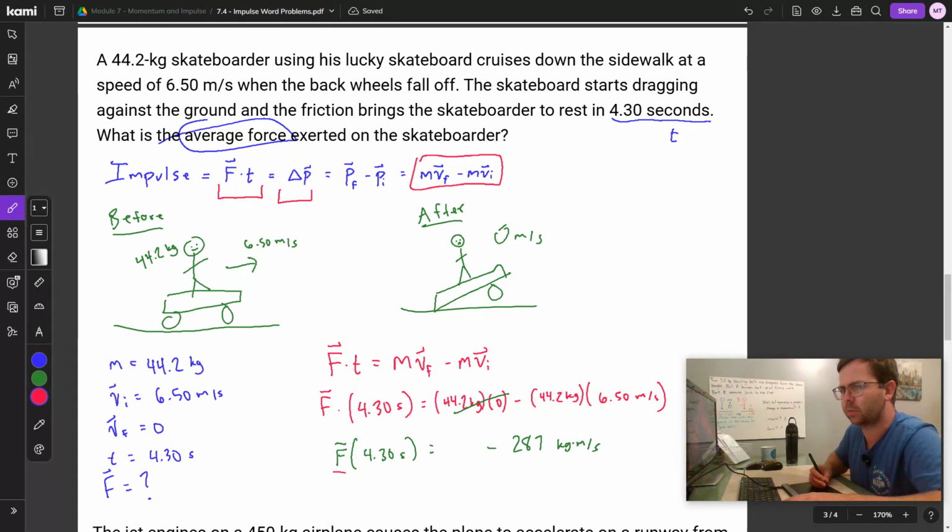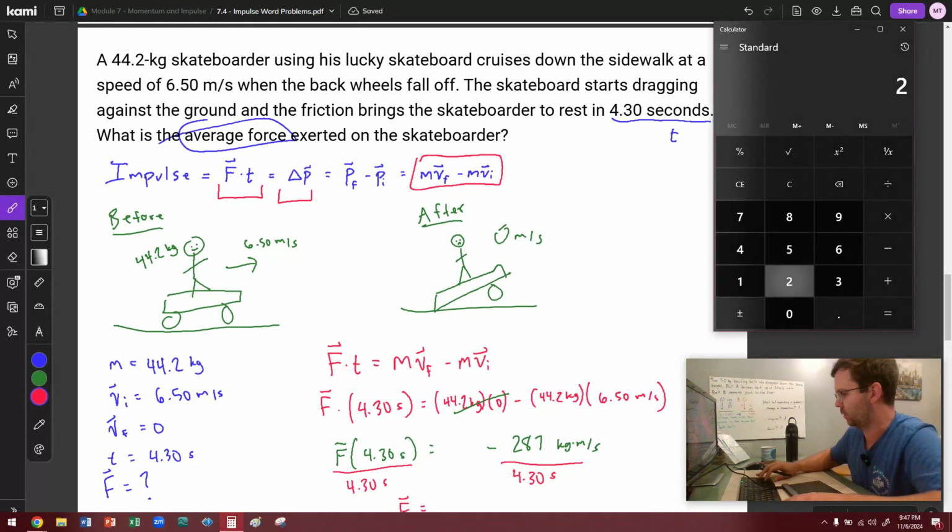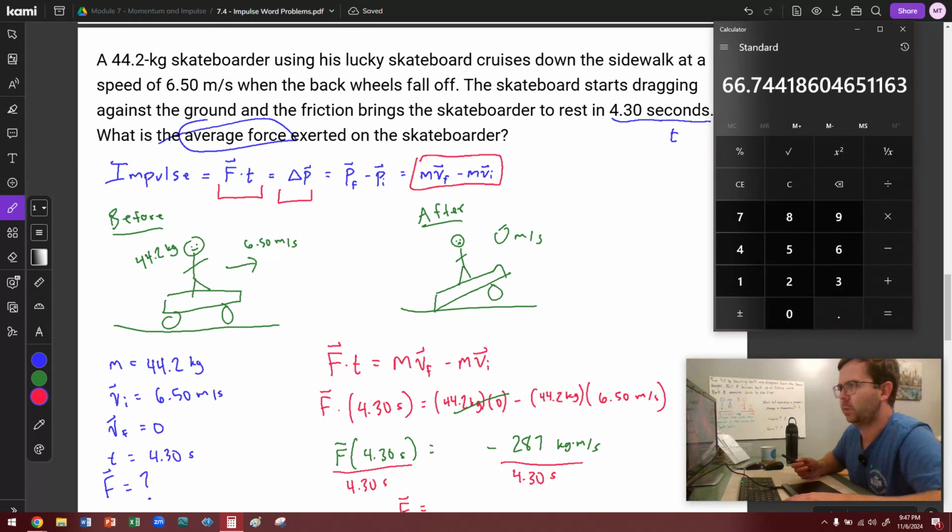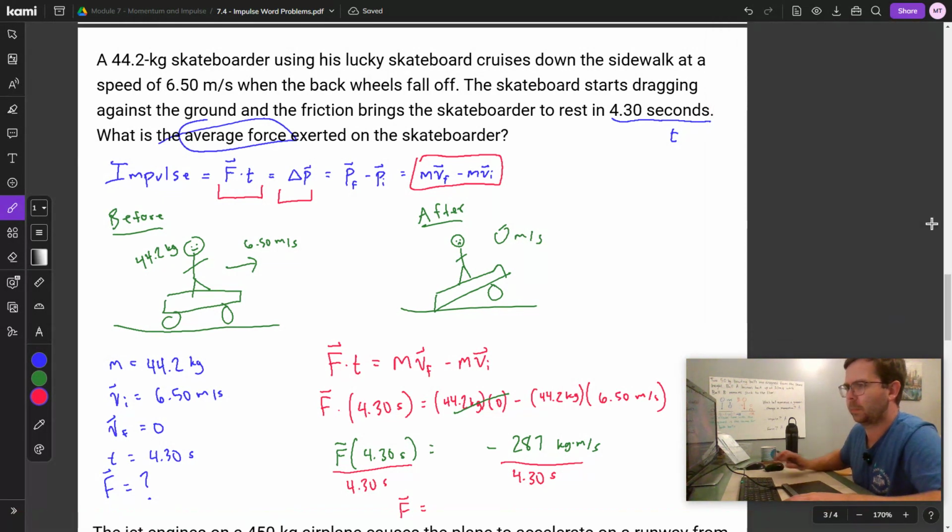Now I'm going to solve for force by dividing by 4.30 seconds on both sides. And so my force is, calculator, 287 divided by 4.30, 66.7 newtons.